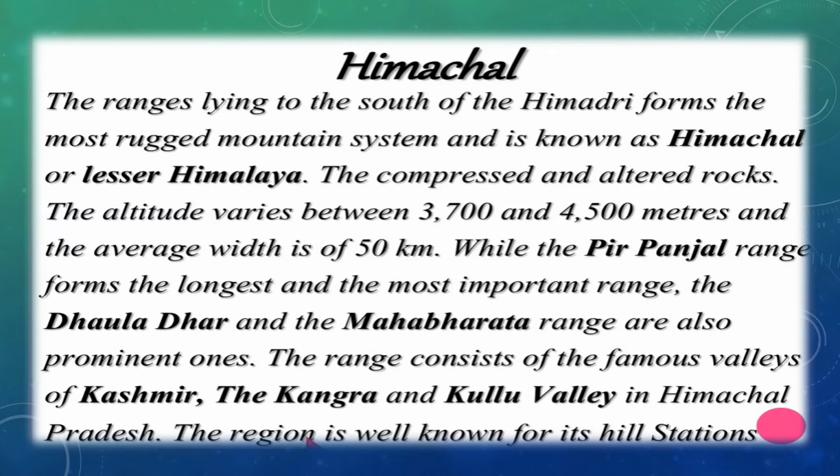While the Pir Panjal range forms the longest and the most important range, the Dhauladhar and Mahabharat ranges are also prominent ones. This mountain range, the Himachal, consists of the most famous valleys of Kashmir, Kangra, Kullu, etc. in Himachal Pradesh. The region is very well known for its hill stations.